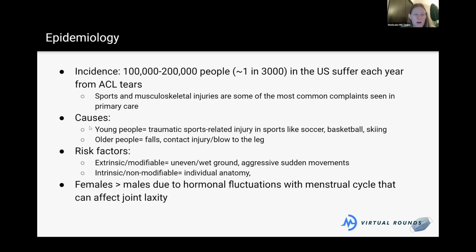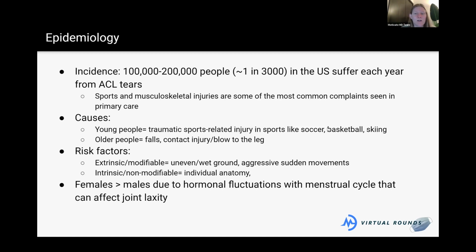It kind of depends on the cause, depending on the age of the person and what their lifestyle looks like. So in young people, like this patient that we just saw, it's oftentimes a traumatic sports-related injury, especially sports that involve shifting your weight and twisting and having more unpredictable movements.